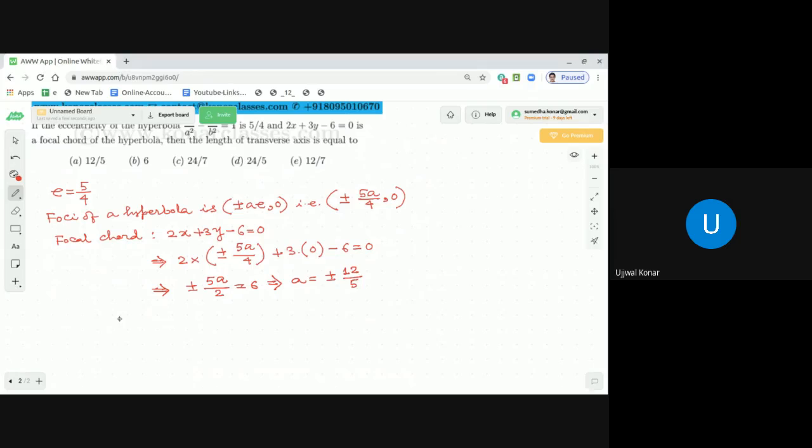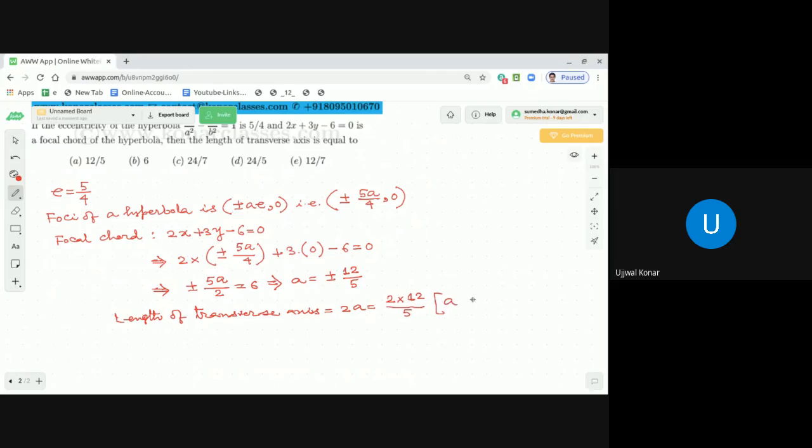So what we get is that the length of the transverse axis is equal to 2a, that is equal to 2 into 12 by 5.